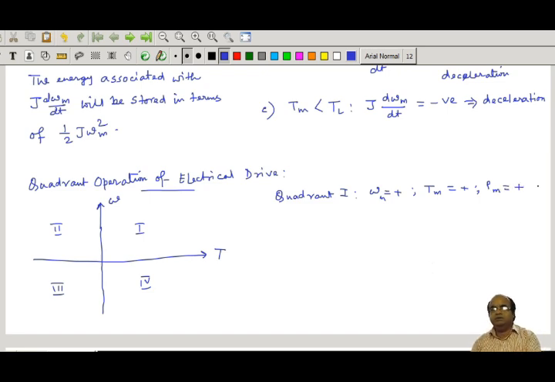Okay. This is called forward motoring operation. Okay.